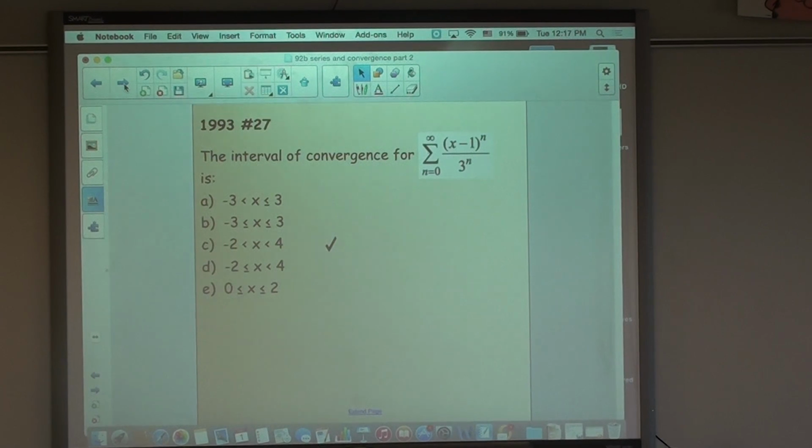Think of it as one thing to the n. The first thing you always want to do is rewrite it so that you just have one thing to the n. This is an n, right?